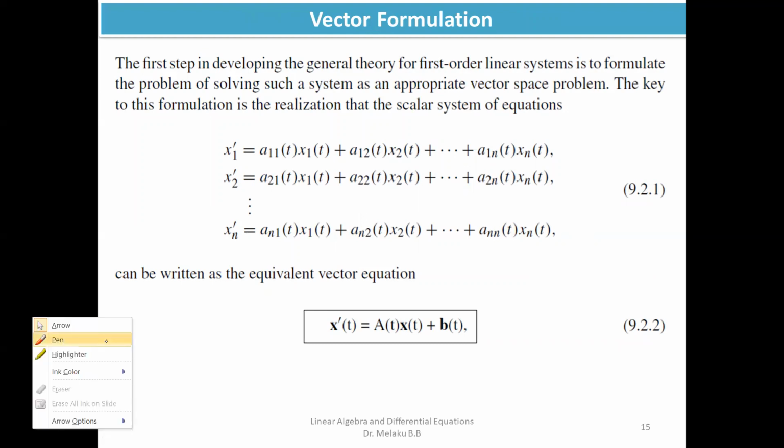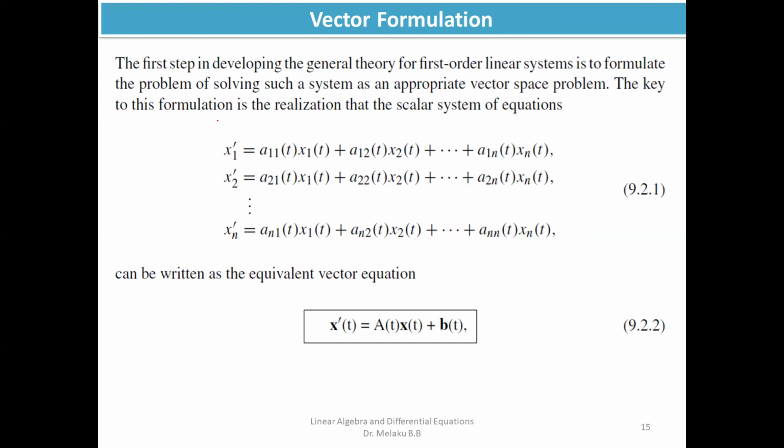And lastly, we have to see the vector formulation of systems of linear equations, nothing new. If you remember the matrix representation of systems of linear equations, where this one is a coefficient matrix, x is a variable, and this one is a constant matrix, all the same. However, this is what it looks like in systems of differential equations.